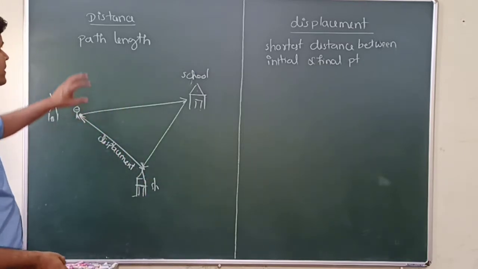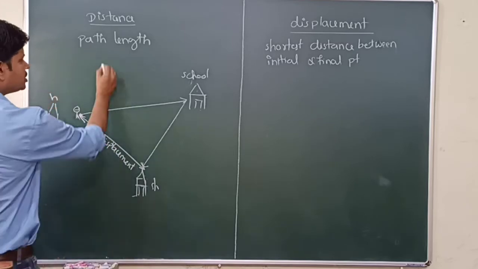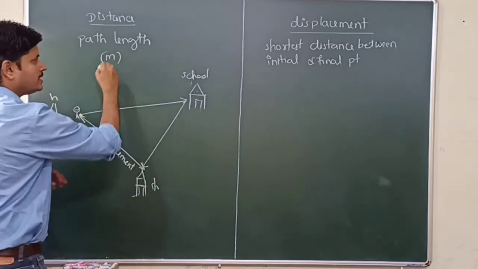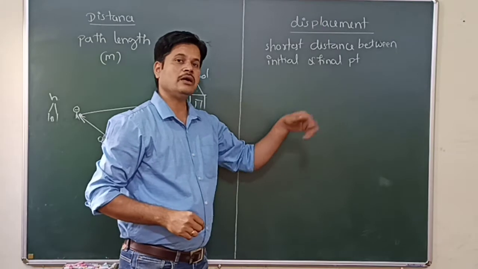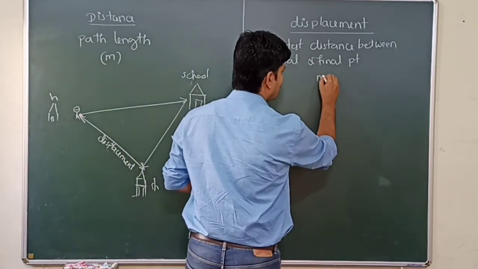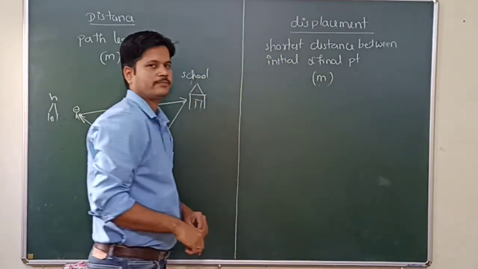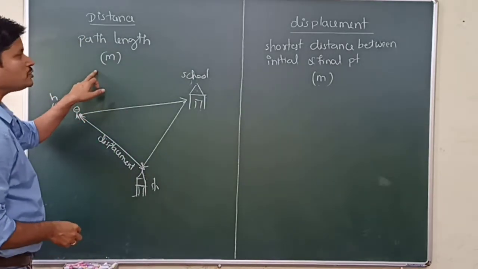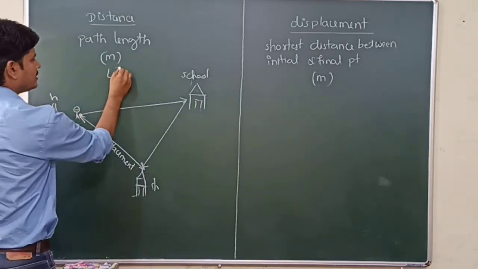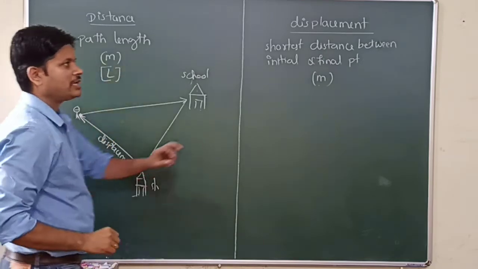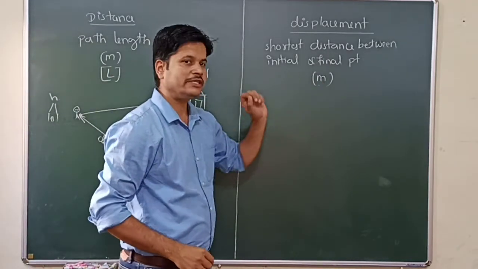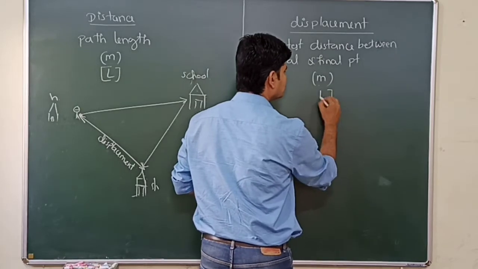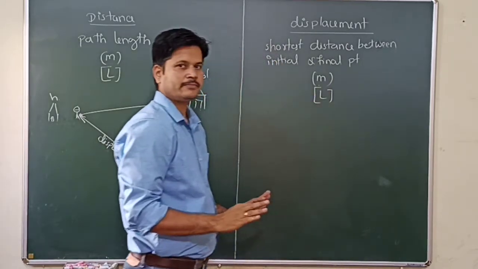and displacement. Distance is always measured in meters, and displacement is also measured in meters only, correct? Now, the dimensions of distance is L. Similarly, the dimensions of displacement is also L only, correct?